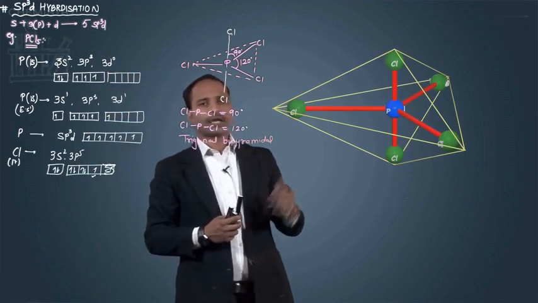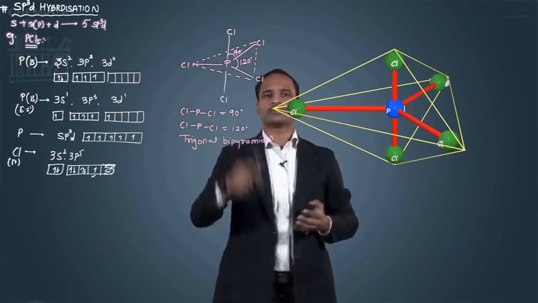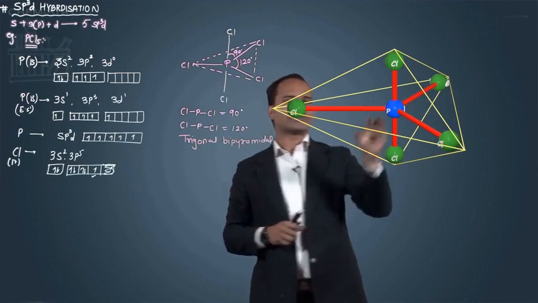Now let's see that in the animation. In the animation you can see the geometry of the same PCl5 molecule, with phosphorus at the center.